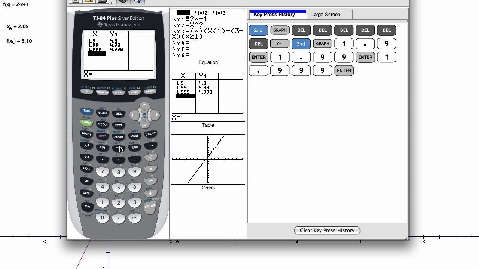Now we're going to jump to the right of 2. And 2.1, I think everybody would agree, is to the right of 2. I hit enter, and now look at this. Now we're above 5. So let's get a little bit closer to 2. 2.01, sorry about that.